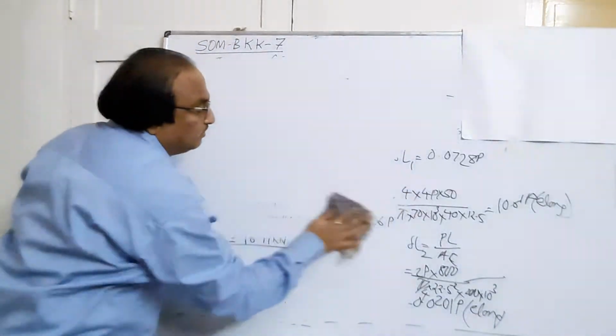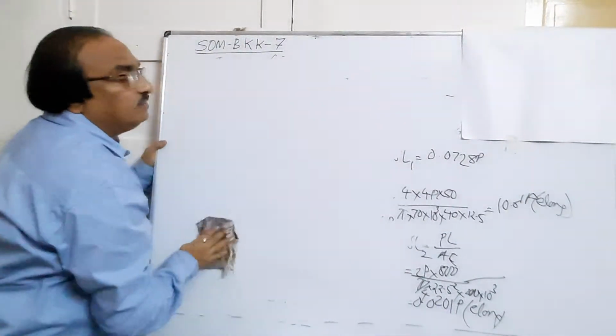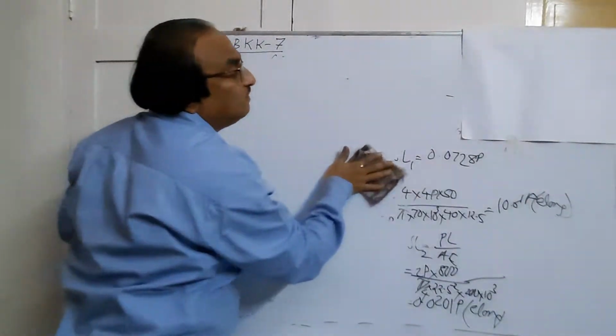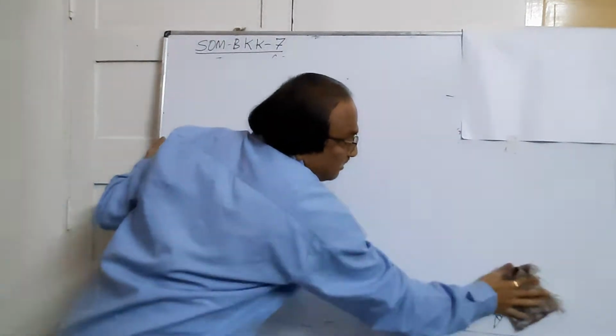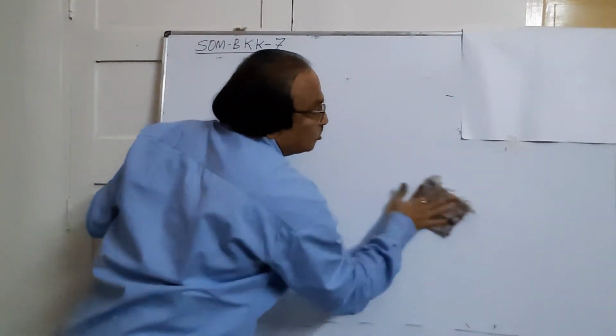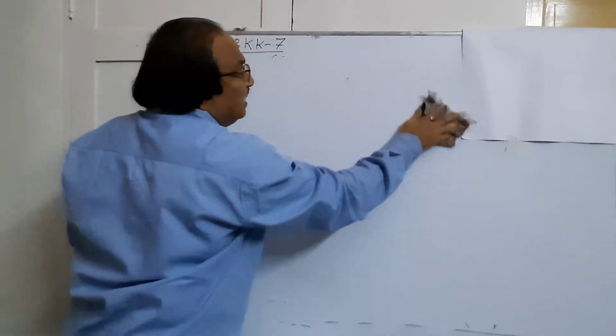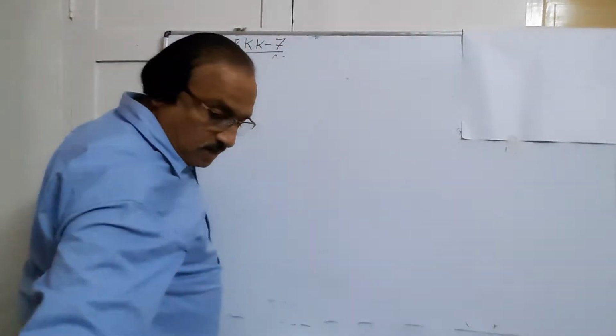You know what a column or a vertical member is? A column is a member which takes load, and that load will be compressive because it will be pressing the column down. So you see the compressive type of load in the case of a column.